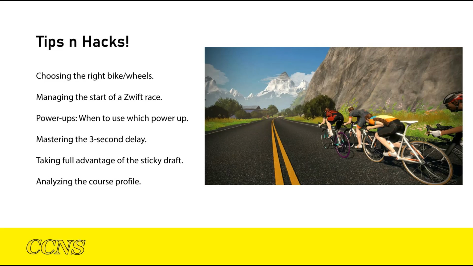If there's a race with a lot of climbing, then I've got the lightest frame, and honestly, I go with the 404s for the wheels because they have the best combination of aerodynamics for when you're rolling at speed, which is obviously still a big part of Zwift, but then they also have the lightness that you might want going uphill.